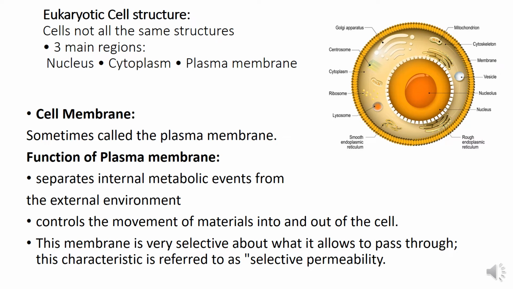This membrane is very selective about what it allows to pass through; this characteristic is referred to as selective permeability, through the cell membrane.